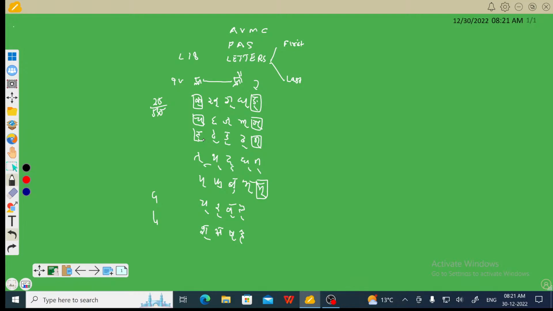Again, these 4 Anthastha are the Anubandhas, and then Sha and Sa, these 2 are the Ushmana. This makes 13. So these 13 numbers as such are of significance in the context of Anubandh.